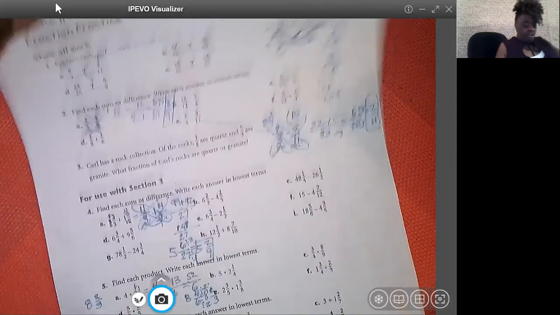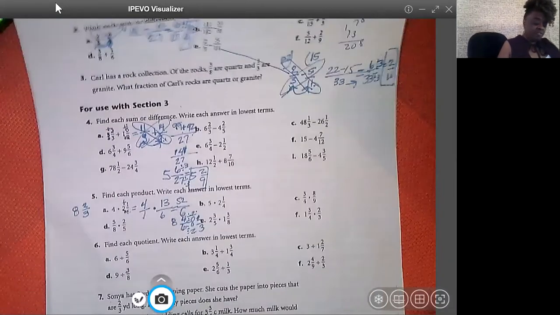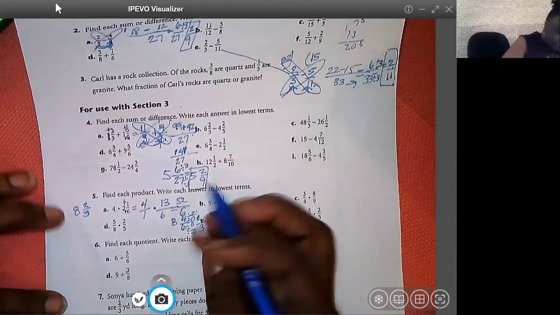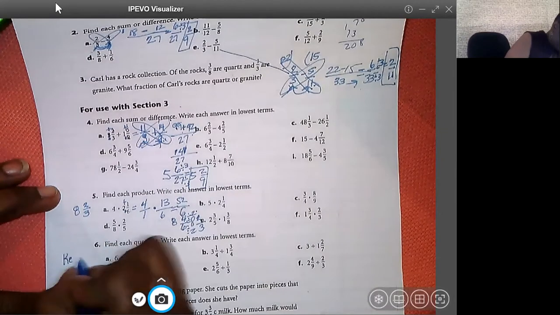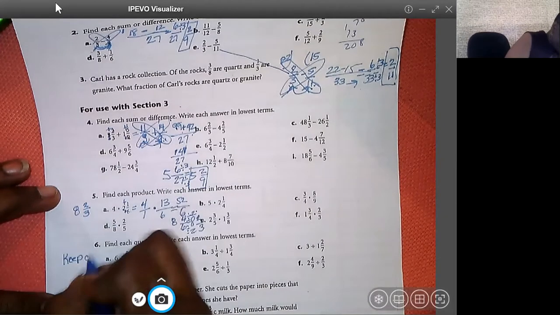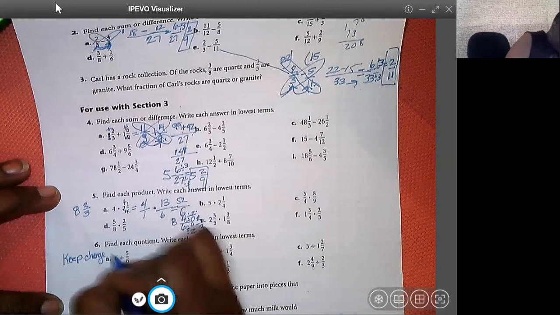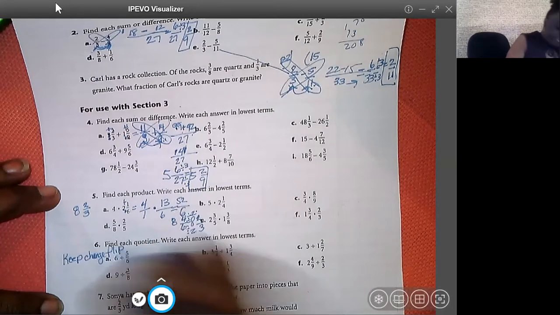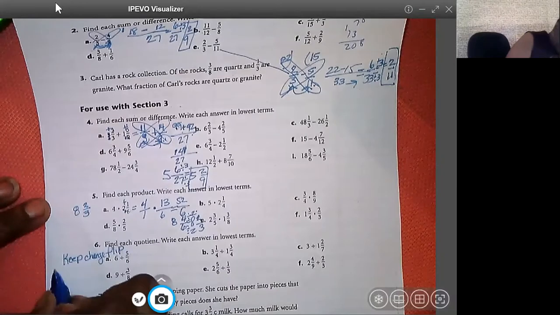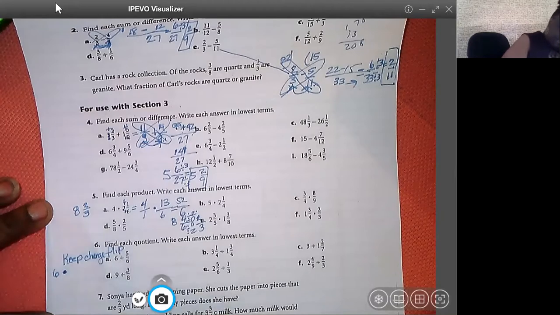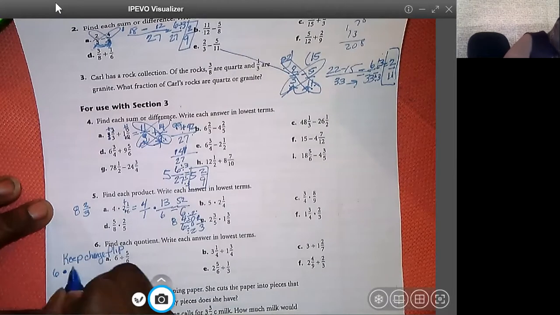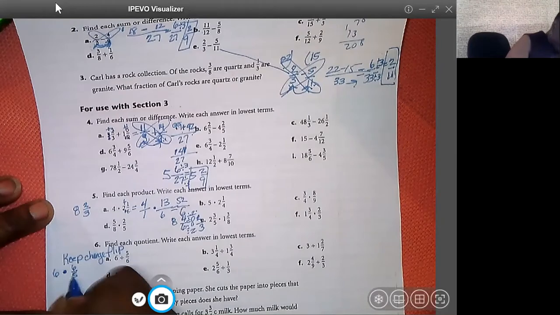All right, now number 6, which is dividing fractions. When you're dividing fractions, you must use the rule: keep, change, flip. What that looks like is you're going to keep the first number, change the operation to multiplication, and flip the second number, which is 6 over 5.